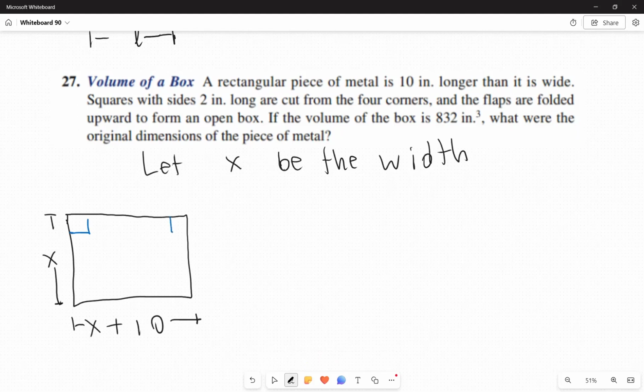So each corner, squares that are 2 inches long, are going to be cut. That's going to form the open box.